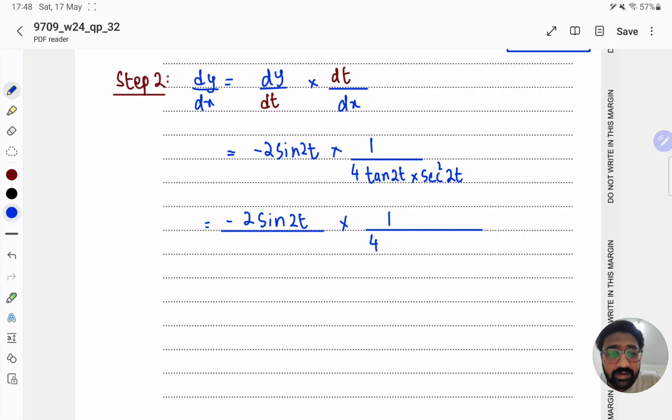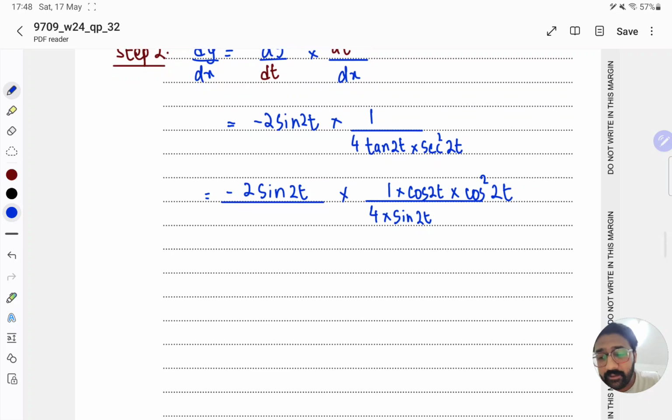I know tan is basically sine over cos, so we'll have sine 2t, and the cos is going to go in the denominator, 4 cos 2t, multiplied by secant, which is basically 1 over cos, so we'll have cos squared 2t.